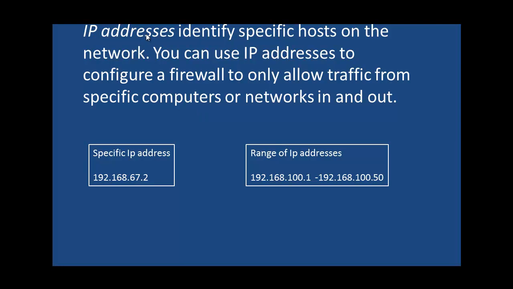The IP address would be the specific address for the computer or the host on the network. So when you're configuring the firewall rule, you can say that you want to allow or block a specific IP address number, or you can put in a range of IP addresses, in which case the rule will block or allow that range of IP addresses.